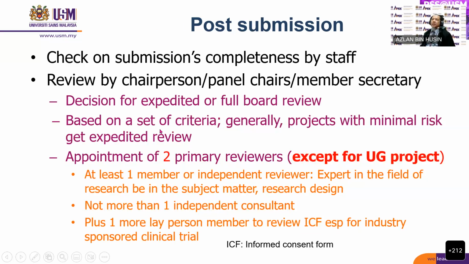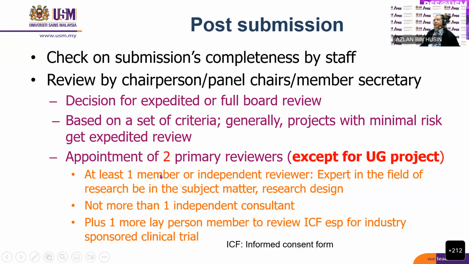And then if it's complete, the proposal will be reviewed by the chairperson, and we have a panel of chairs, 6 altogether, or the member secretary, to look at whether it falls under the low risk category of research or more than low risk. If it's low risk, then it is categorized for expedited review. And for more than low risk, it is called full board review. We'll come to that later, what it means by expedited and full board.